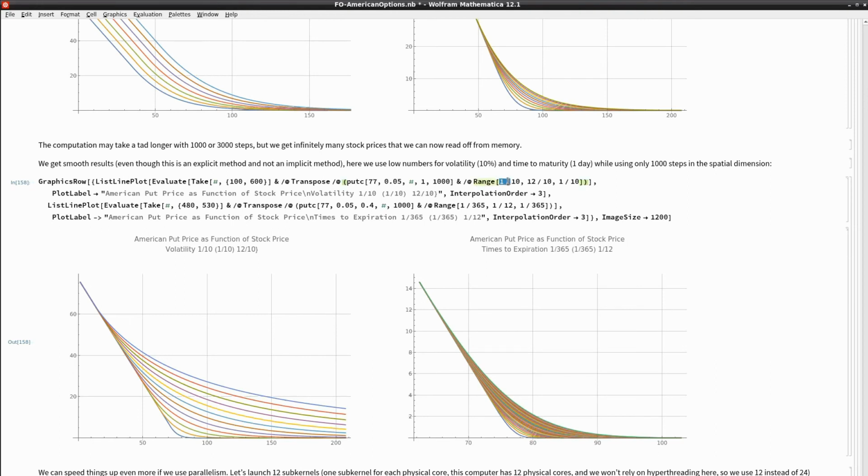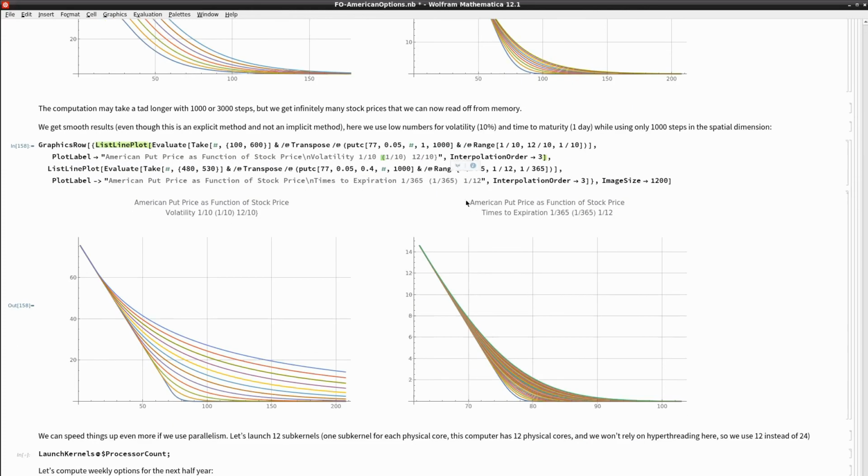We go, I'm sorry, this is volatility, from 10% volatility to 120% volatility in steps of 10%, and from 1 day to 1 month in steps of 1 day, right? So this is 30 plots here. We accomplished 30 plots in that amount of time, and we accomplished, what is that, 12 volatility curves here, right? Pretty fast, pretty precise, everything is smooth.